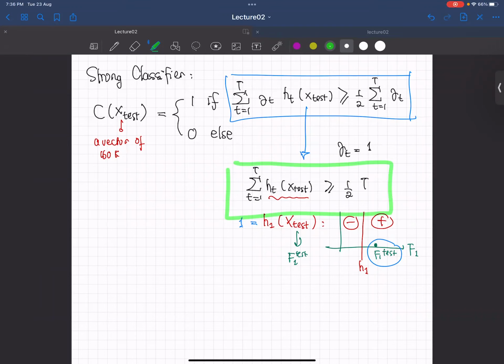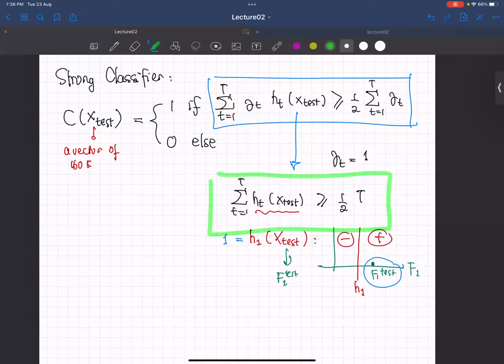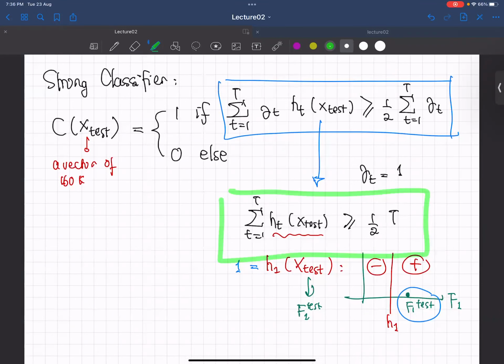Okay, so now let's get back to the blue box. The blue box says that, well, okay, half of them have to be positive, but now we also depend on gamma t. So what is gamma t? Gamma t equals log 1 over beta t.